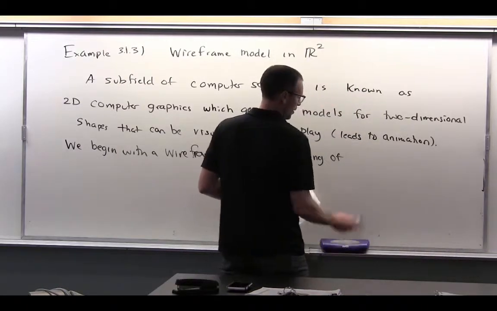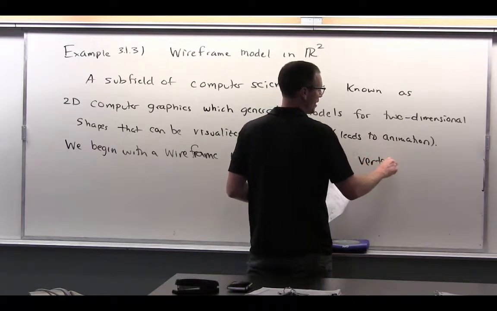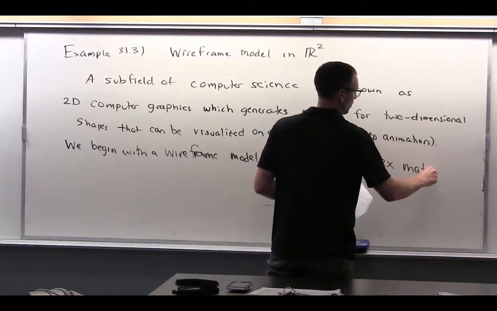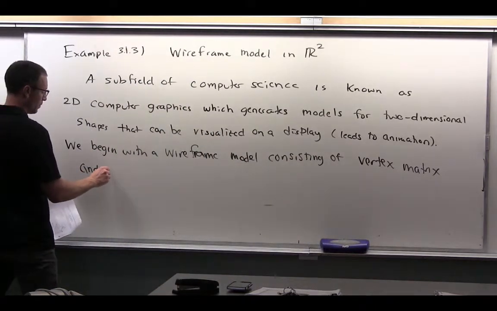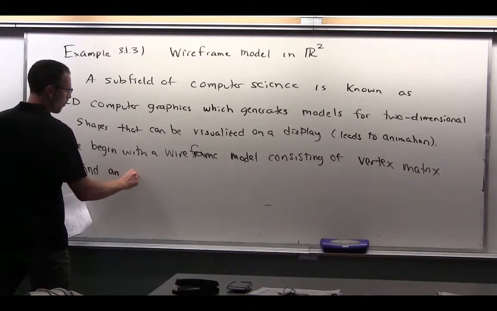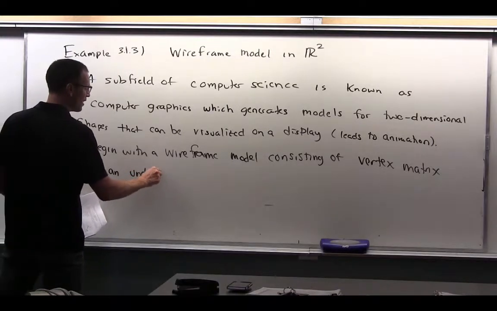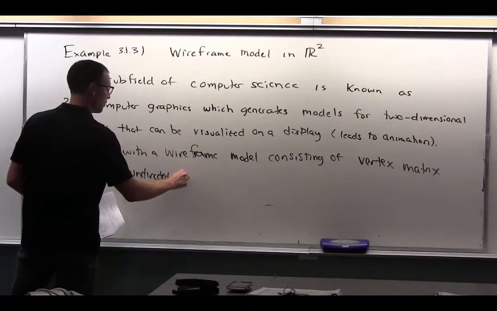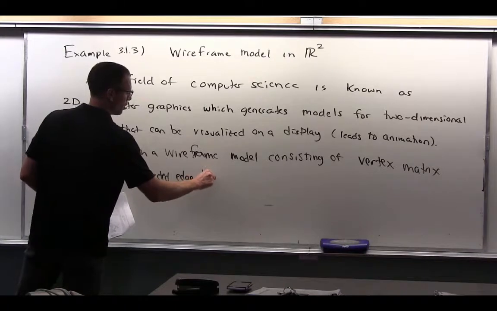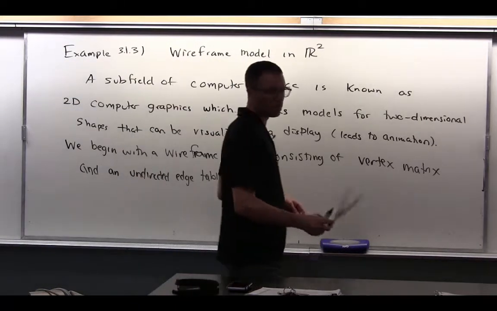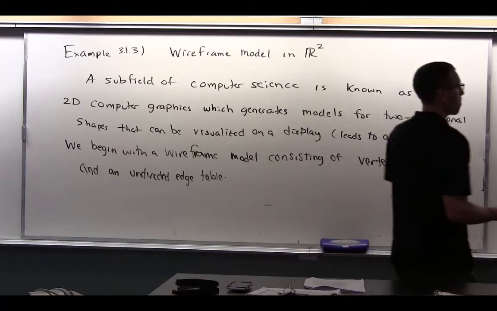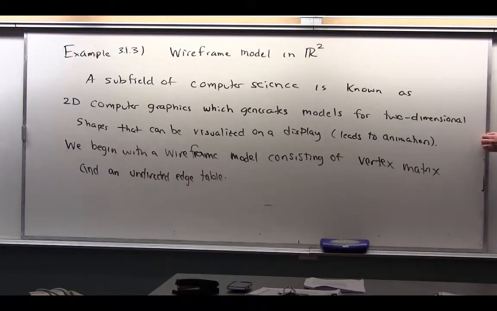Consisting of what we call a vertex matrix and an edge table. For now, we're going to talk about undirected edges. Physicists like directed edges, and I'm cool with that, from the standpoint of physics.